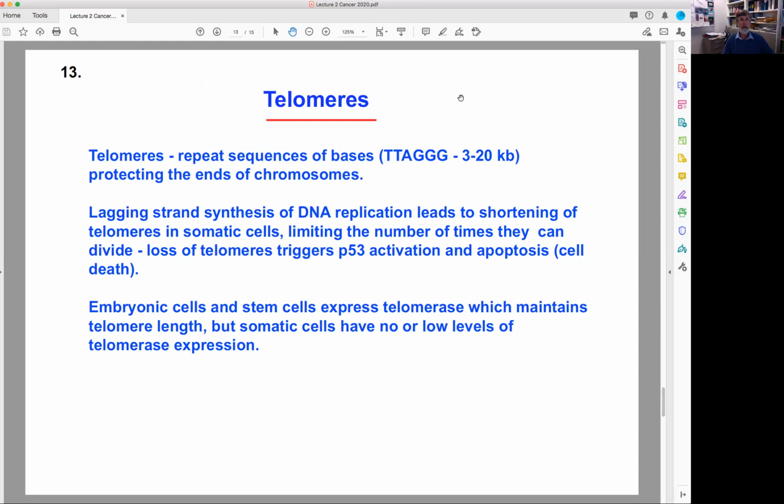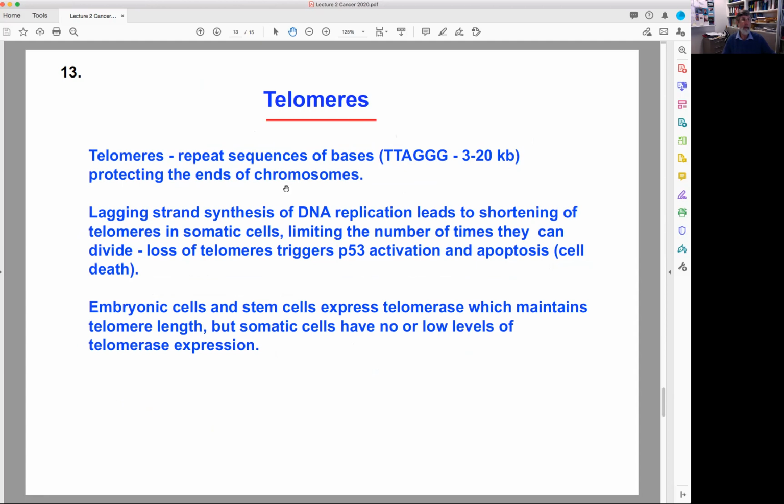So the last major topic for this lecture is the telomeres. So telomeres, hopefully you've heard of them before, but telomeres are a repeat sequence of bases, and the sequence is actually TTAGGC, but you don't need to remember that. And this sequence is repeated typically 3 kilobases up to about 20 kilobases of DNA length, and it protects the ends of the chromosomes.